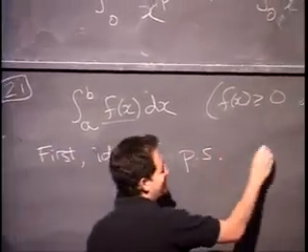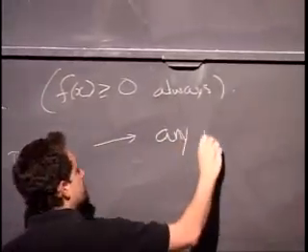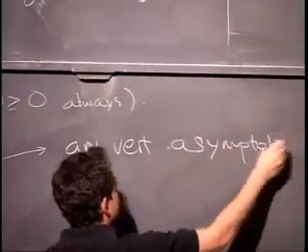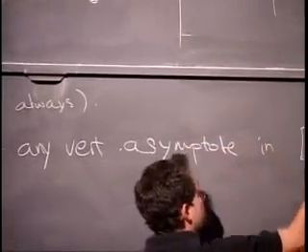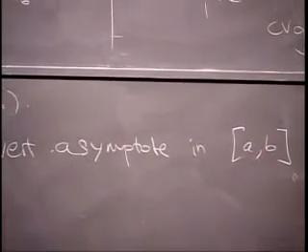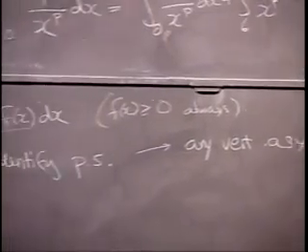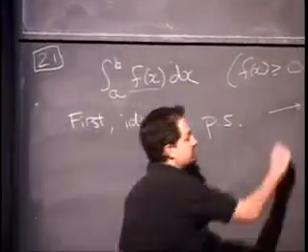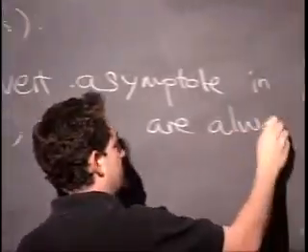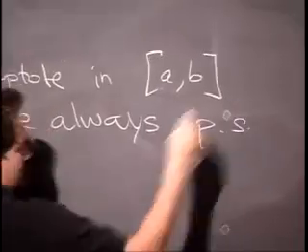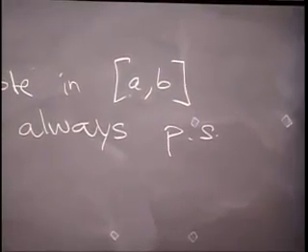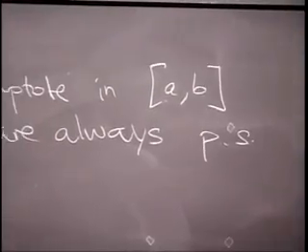Well, basically, any vertical asymptote in A, B, and of course this can include A and B. In fact, a lot of the time it is at either or both of the endpoints, A and B. Also, infinity and minus infinity are always problem spots. I didn't talk too much about minus infinity, but it's basically the same as infinity. Instead of n, you do minus n. So that's how you find the problem spots.